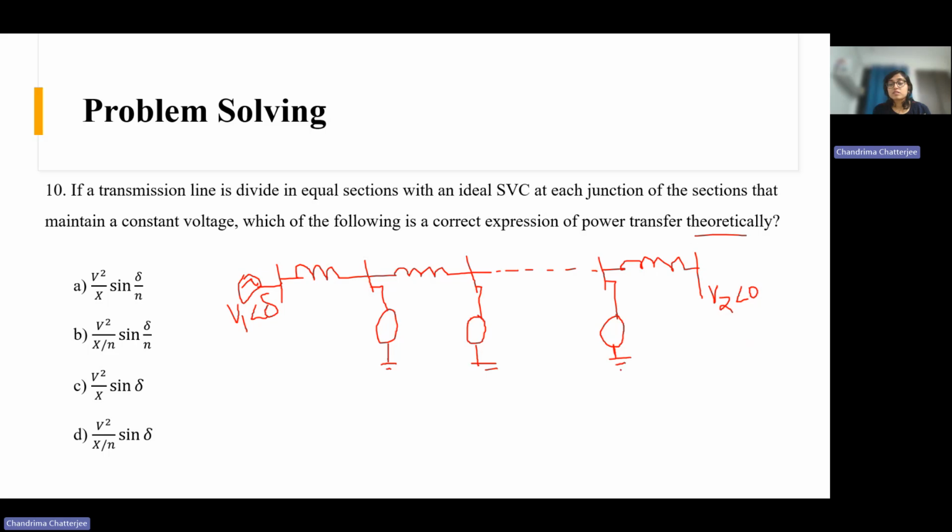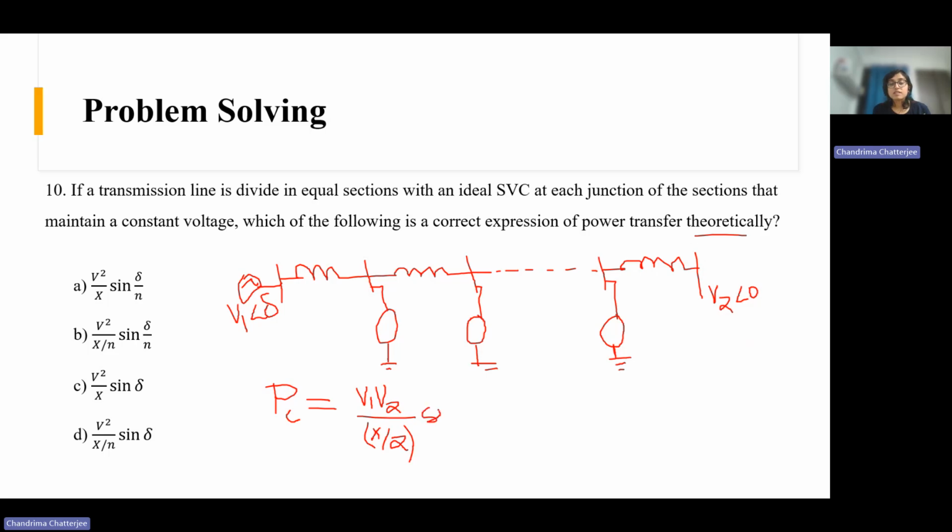So when the transmission line was divided in two equal halves, in that case, we already found out what the power was. The power PC, if you remember, the power of the compensated line was V1 V2 by X by 2, because we can equally divide the reactance into two equal halves, from the sending end to the midpoint and from the midpoint to the receiving end.